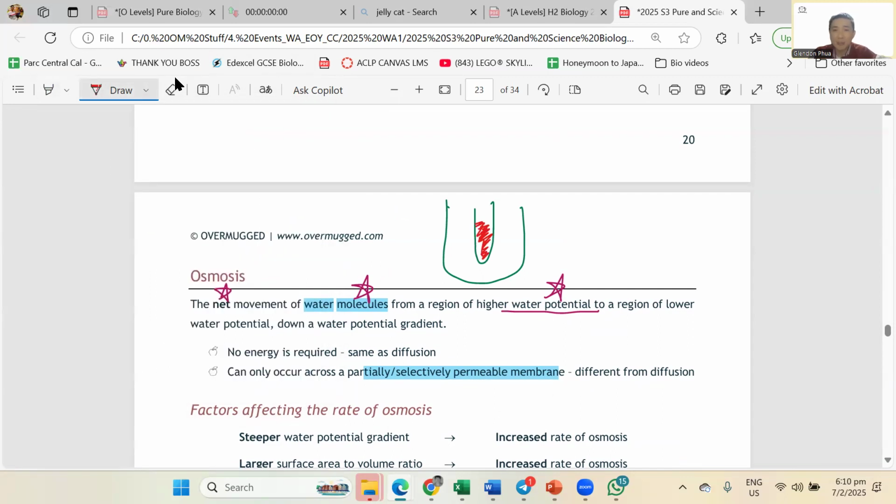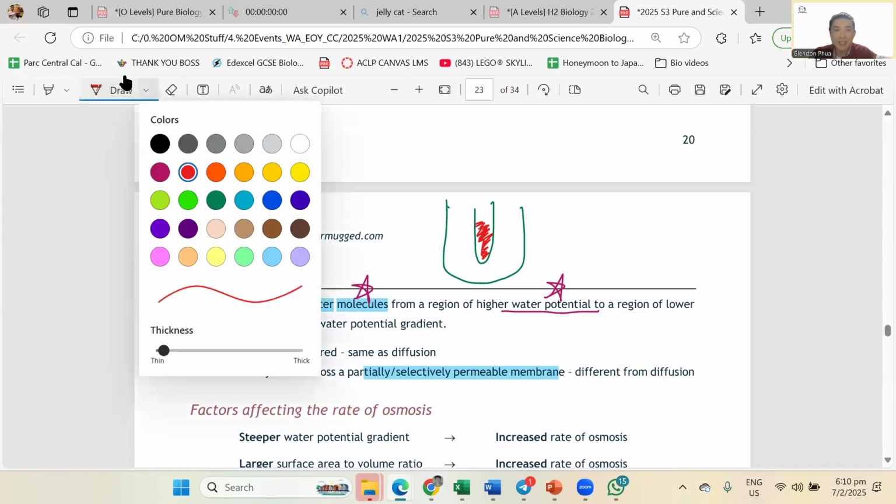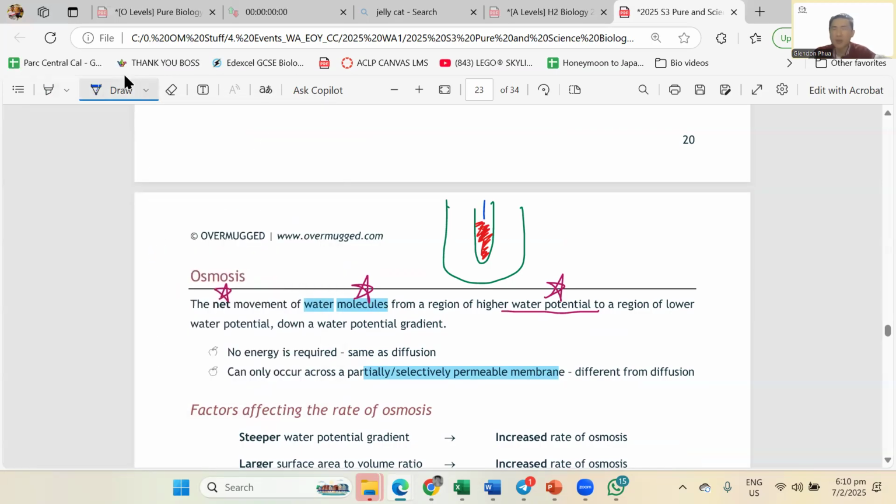Because there are two separate components, I can say that this one has water potential number 1, and here water potential number 2. Then I have two different regions of water potential. One is lower. But if I remove my partially permeable membrane, what happens? Then my water molecules at 1 and 2 become the same mass of water molecules. So I don't have two different regions of water molecules now. I just have one large region. That is why you need a partially permeable membrane.